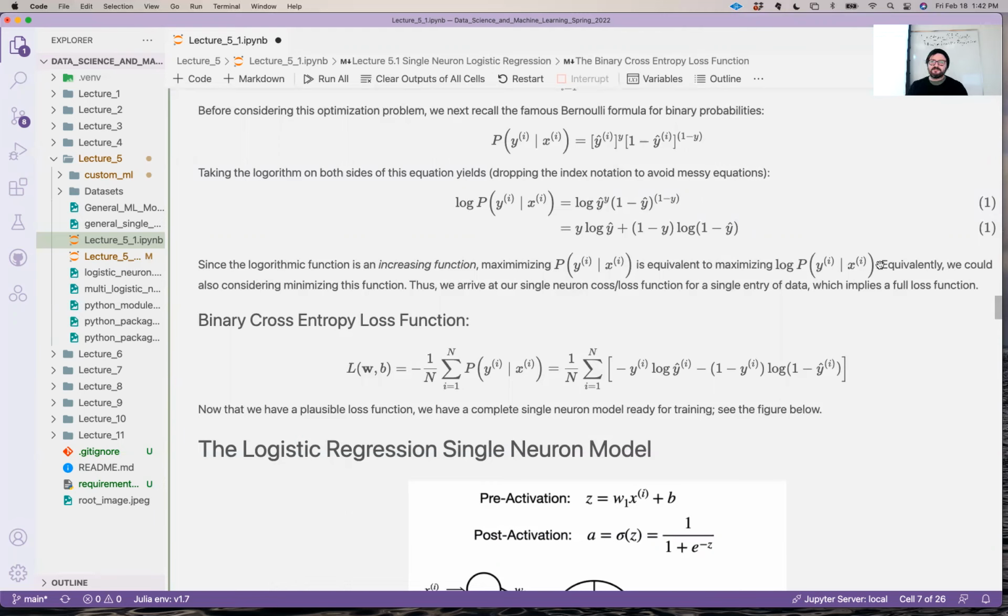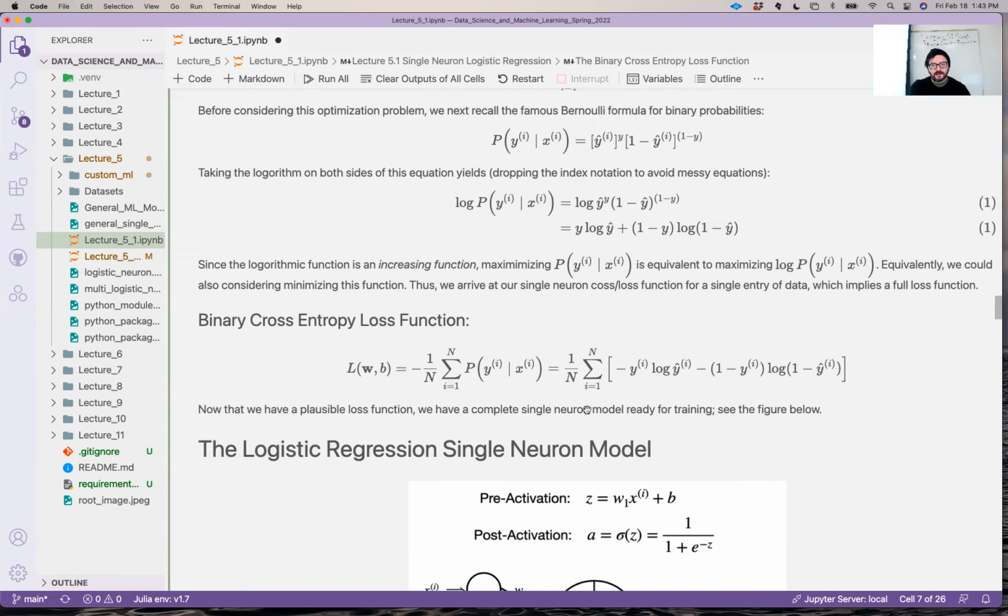And the way that we do that is we just tack on a minus sign on it. So maximizing log p is the same thing as minimizing negative log p. And again, the true loss function over all training examples is the sum of these values for each training instance, right?